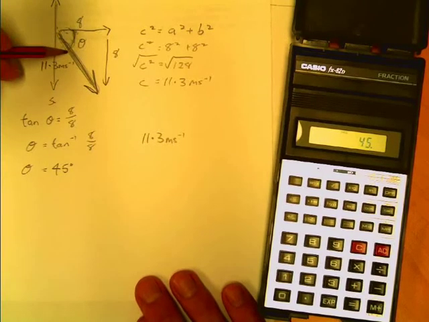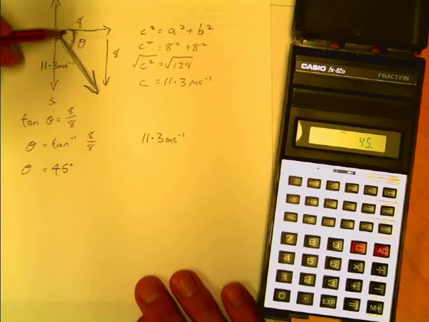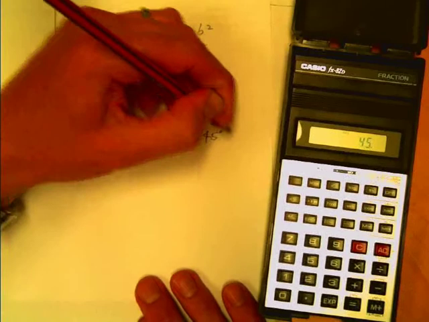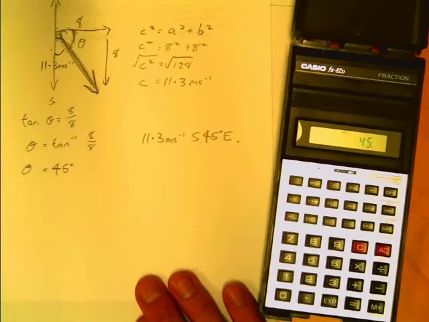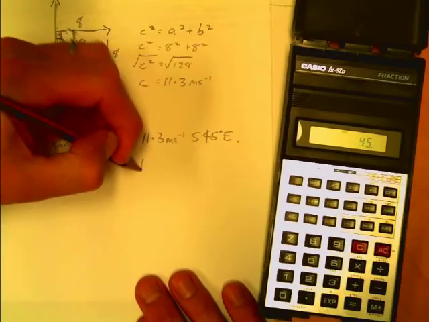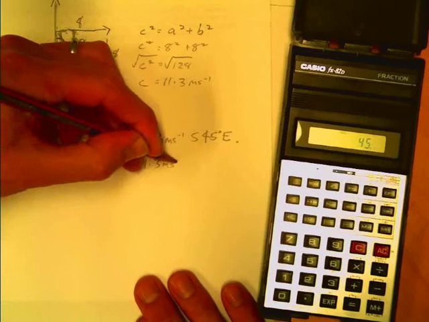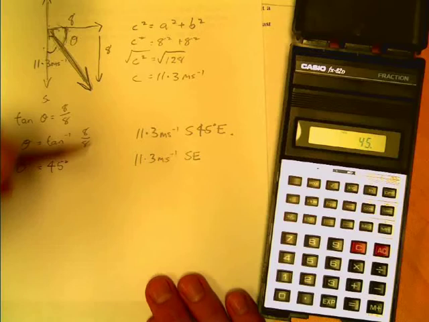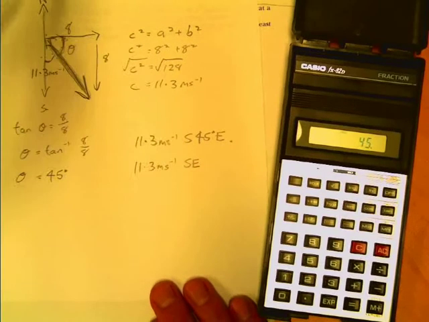So if this is 45 in here, and this is 90 degrees in here, this has to be 45 in here. So we could say south 45 degrees east. Or it's right in between. We could also say 11.3 metres per second southeast. Either or, both are fine.